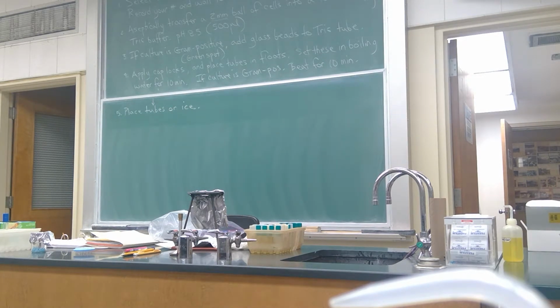Okay, how many people have gram positives that are finished boiling? If you have gram positives, here's what I want you to do. We're going to take the cap locks off and put the cap locks in this plastic bag up here. And bring me your gram positive cultures and I'm going to strap them onto the Vortex mixer. Not everyone is finished boiling. I can only put 7 on here at a time.